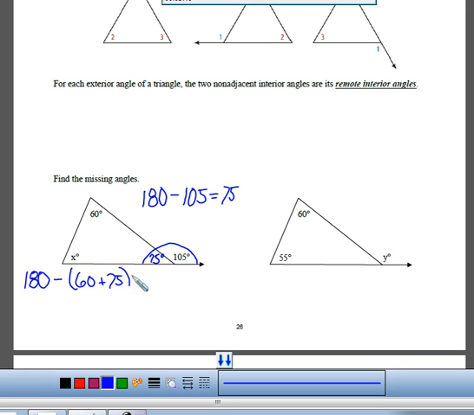Well, 60 plus 75 is 135. So 180 minus 135 is 55. Now obviously, you can check this by just simply adding all 3 angles. 60 plus 55, that's 115.